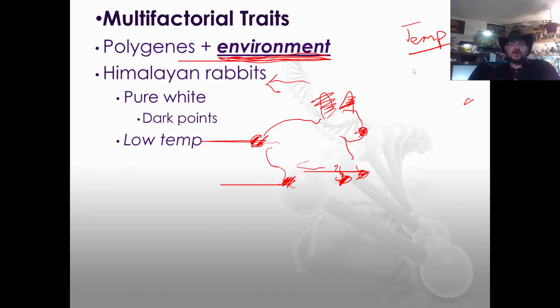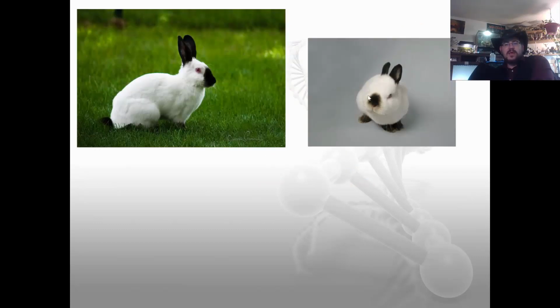Your fingers and your toes get cold, right? Well, looky there. That's what we see having the dark color of fur in these Himalayan rabbits. In fact, it's the low temperature that allows the expression of these polygenes, turning the skin dark and the fur dark. So here's some Himalayan rabbits.